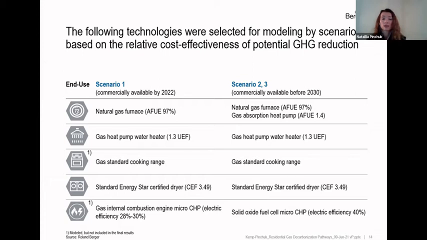And for the second and third scenario, we use the same furnace. And we also looked at a gas absorption heat pump, which is a natural gas heat pump in essence, which is a technology that is currently in piloting phase. If you go to your local home improvement store, you probably won't be able to get it today, but hopefully you will in the nearest future. So we can go to the next page.